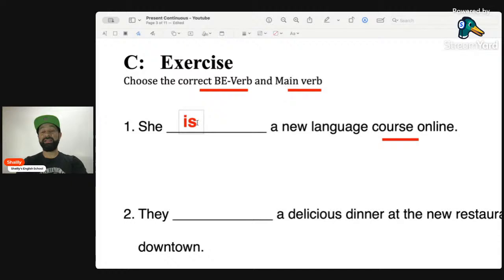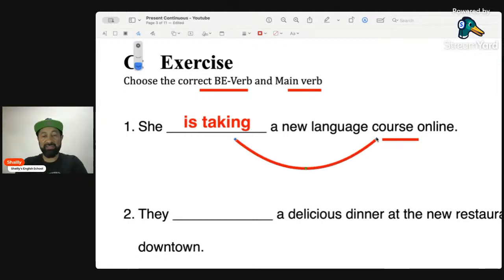There could be many answers for this exercise. I'm giving you my answer. She is taking a new language course online. So I want you to remember, anytime you have a course, a class, any school related subject, the verb is always take. Take a class, take a course.